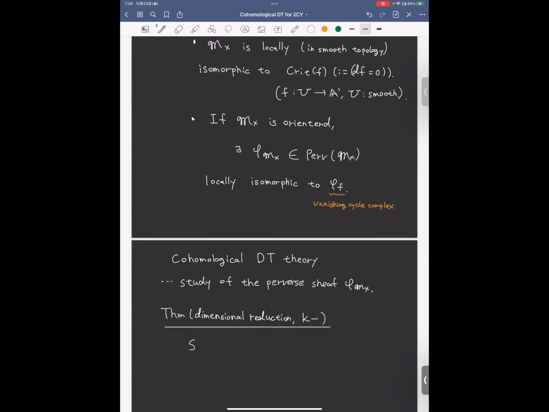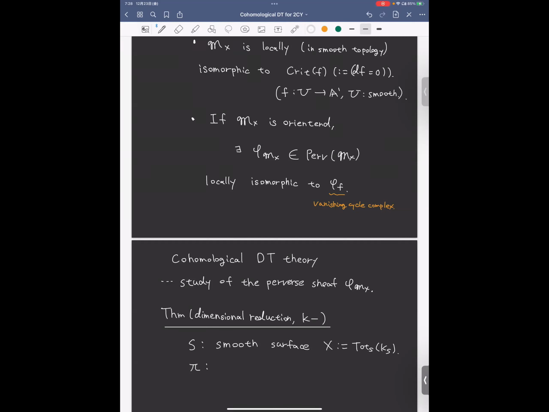Let S be a smooth surface, and let X be the total space of the canonical bundle on S. And by adjunction, X is a Calabi-Yau threefold.